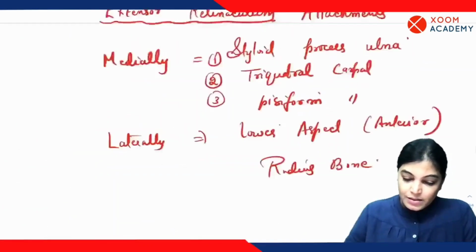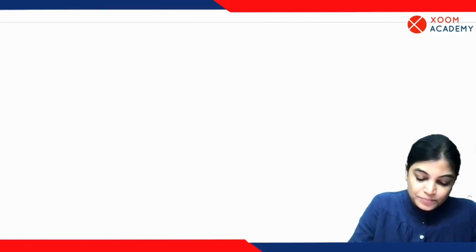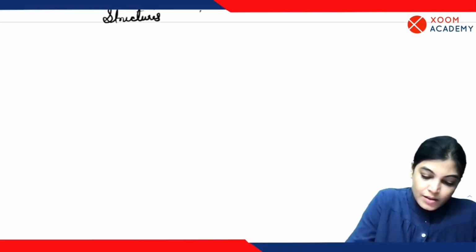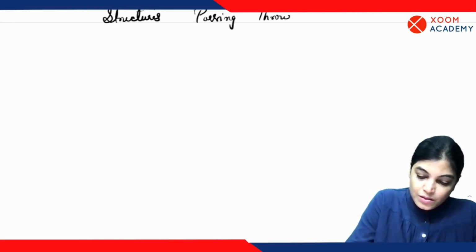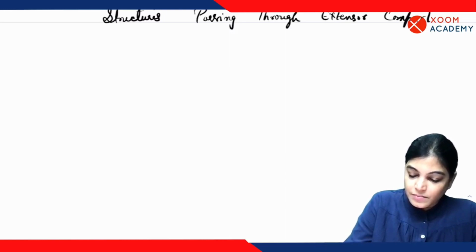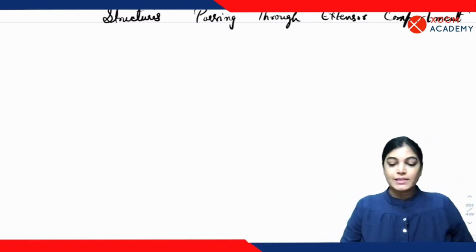Yes, we can utilize this space and write out the structures passing below. Structures passing through individual extensor compartments.